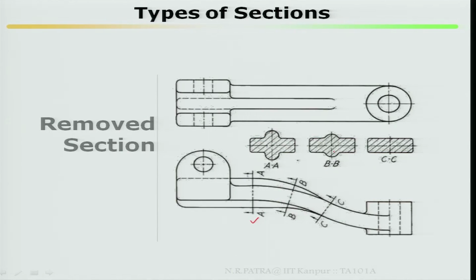BB sectional view has been drawn. CC sectional view has been drawn. Look at how it is varying from section AA to BB and CC. While going from AA to CC, this part slowly vanishes.